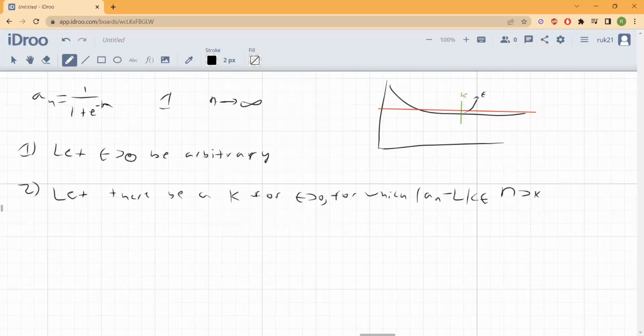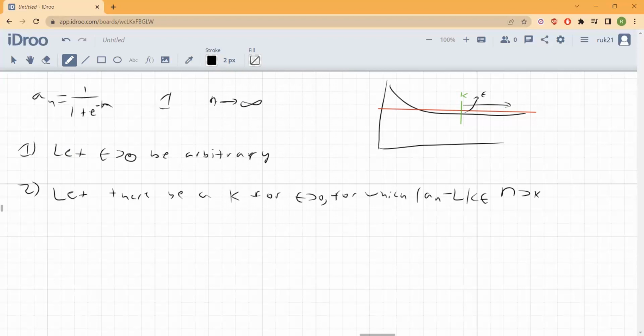And what does this mean again? We're saying that once we set that k, and our epsilon is greater than 0, for any n greater than k, so for any next term, the difference between it and the limit is going to be smaller than our epsilon. Okay, cool. Now comes the fun math part.